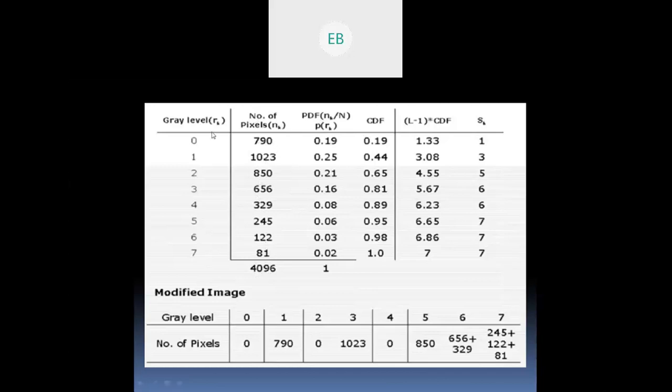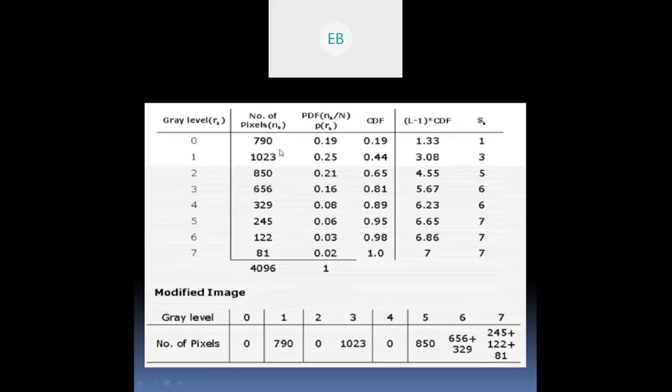The probability distribution function is nothing but the probability of occurrence, or the frequency, of the pixels. Take gray level 0: total pixels 790 and overall total pixels 4096.